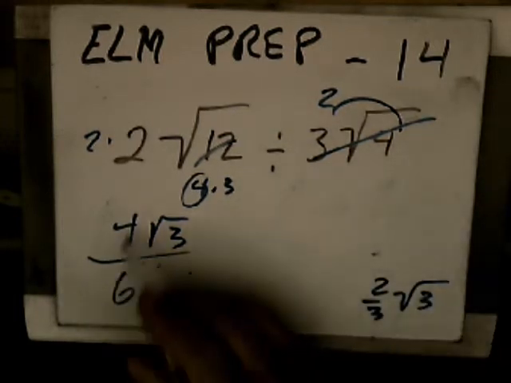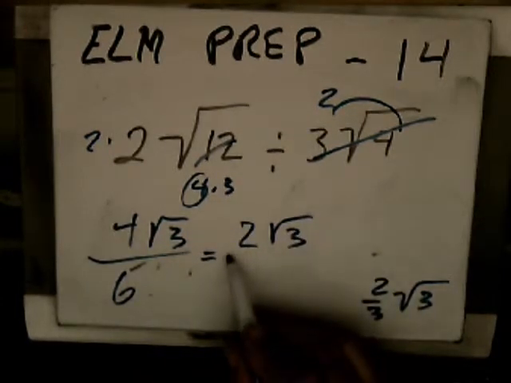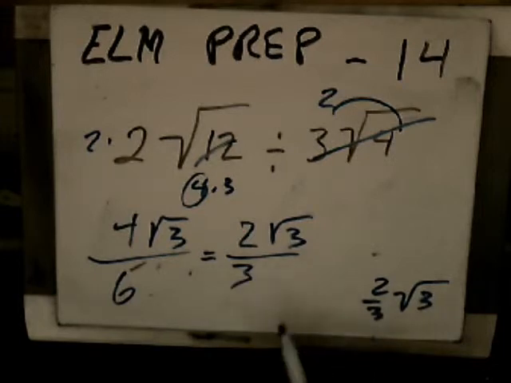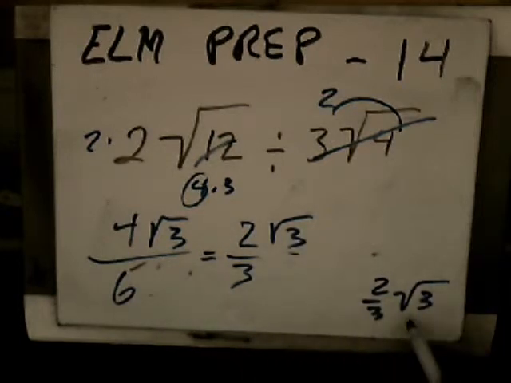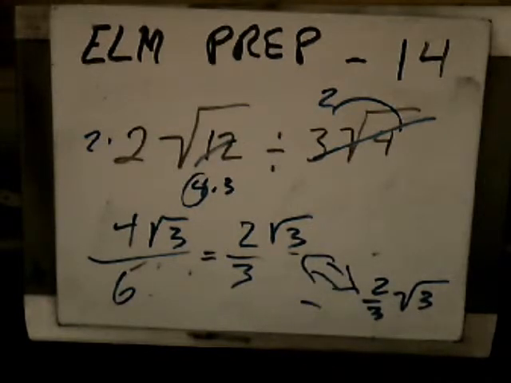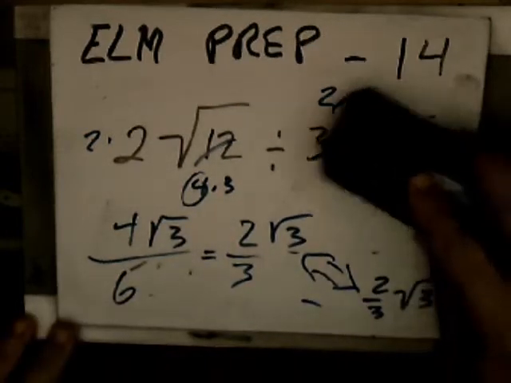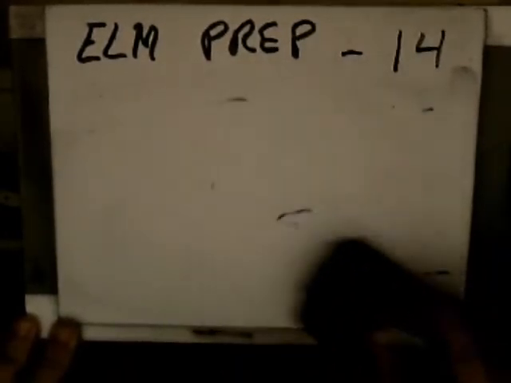Okay, so I'm going to reduce this down as 2 radical 3 over 3, or if I want to say 2/3 radical 3. So these both were equivalent to each other. Either method worked. Sometimes it's easier just to set it up as they are and then do your division inside. It kind of was a cleaner way the first time.